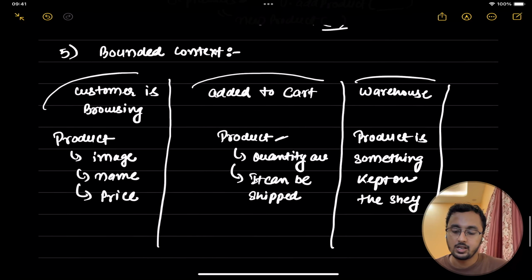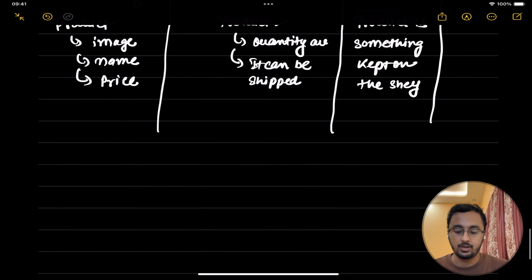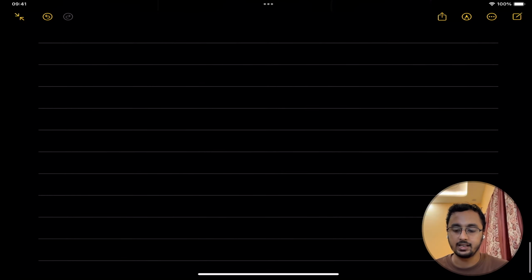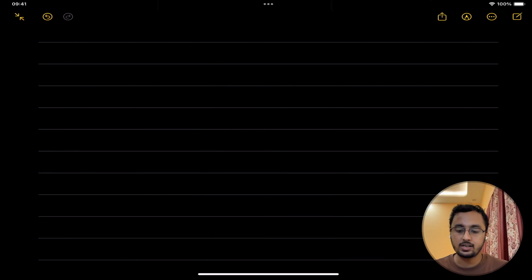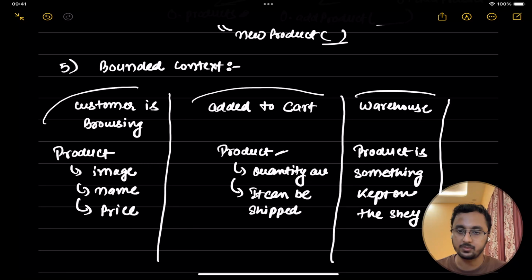Product screen. So, I'll try to reiterate once again that bounded context is a scenario. You are going to take as many business scenarios as possible and try to include the entities, right?